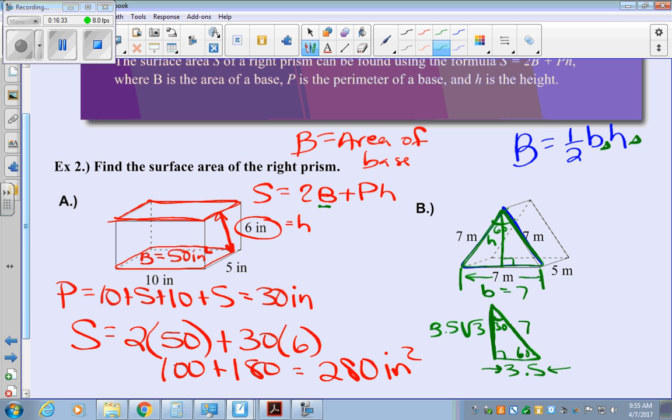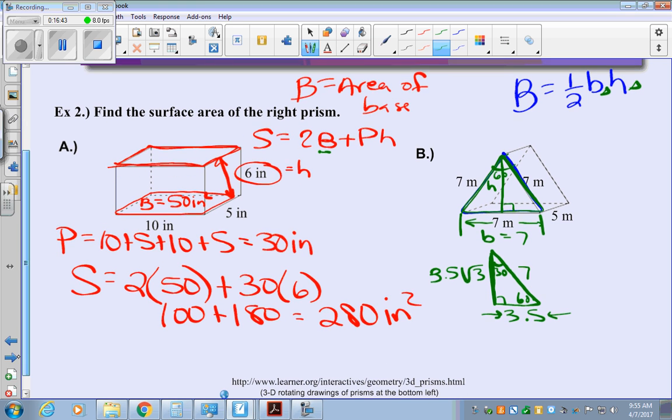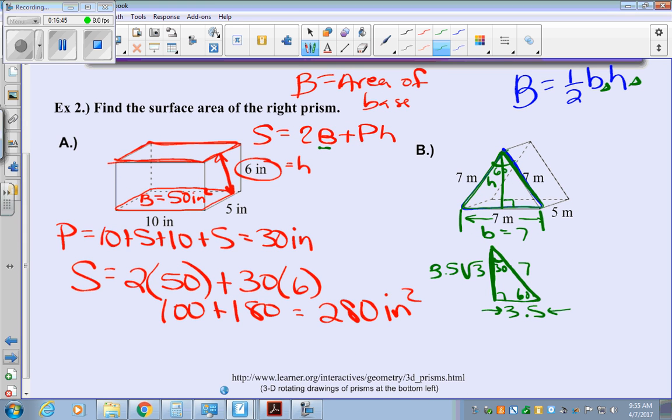Because you've got the short leg, your hypotenuse is double your short leg, and then your medium leg is your short leg times square root of 3. Okay, so the height of our triangle is 3.5 times root 3.